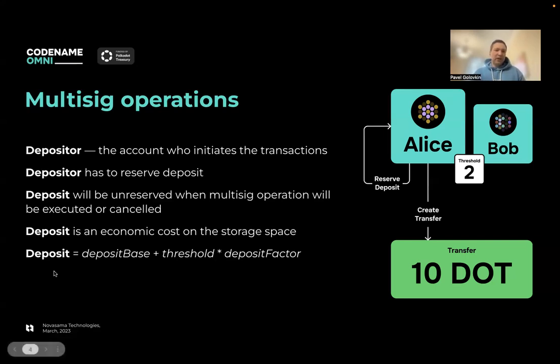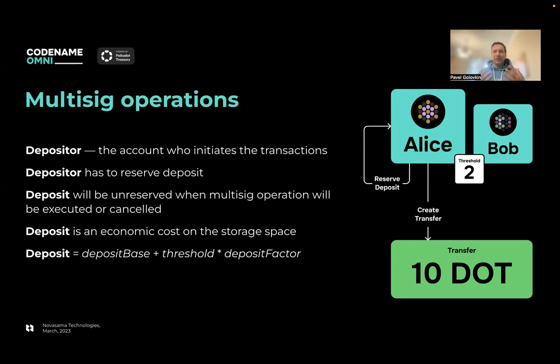And here is a formula for how the deposit is calculated. So the deposit base and deposit factor are always constant for every network. And we see that the amount of the deposit depends on the threshold. So it means that if the threshold is 2, the signing will be fast because only 2 approvals should be made.